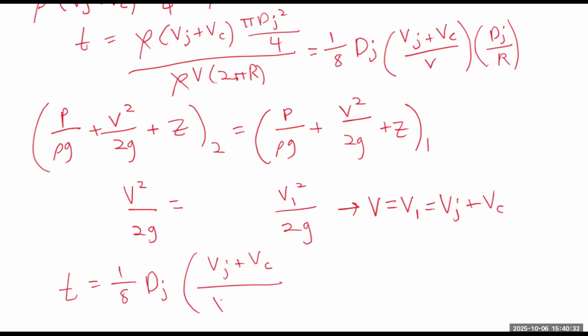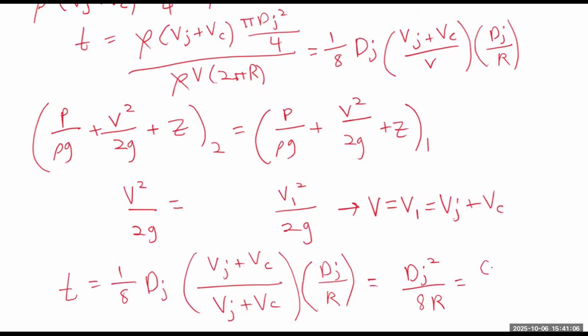So Vj plus Vc, and then times dj over R. And this is equal to dj squared over 8R. We plug in the given values: dj is equal to 80 millimeters and R equals 200 millimeters.